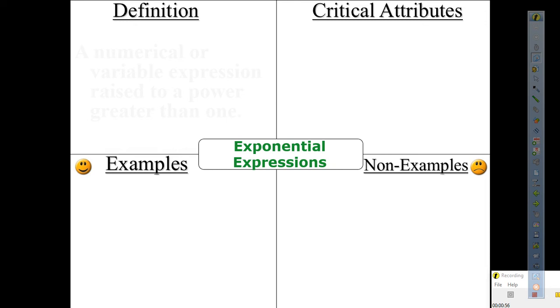Tell your neighbor the definition, please.